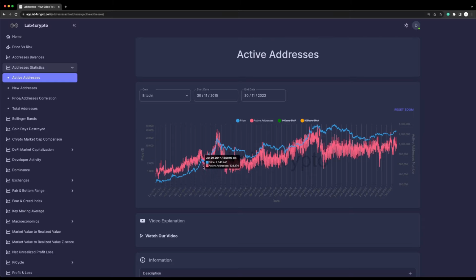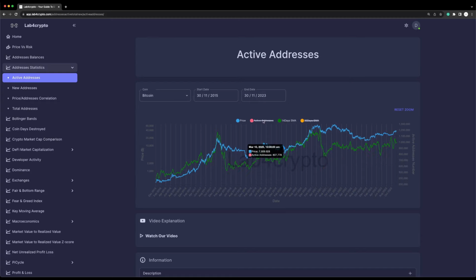When active addresses number surge, so does the price, and conversely, a drop in active addresses corresponds to a drop in Bitcoin's price. This trend becomes even more evident when we apply a simple moving average, such as the 14 days, which helps us smooth out the raw blockchain data, making the overall trend more apparent.